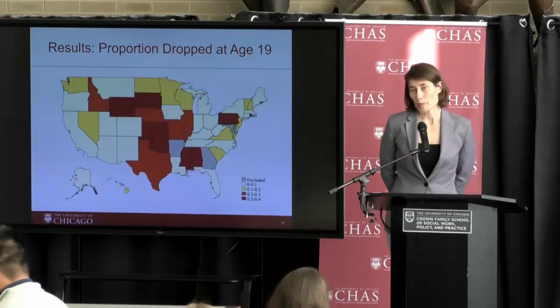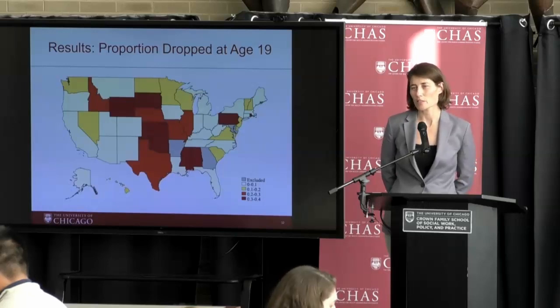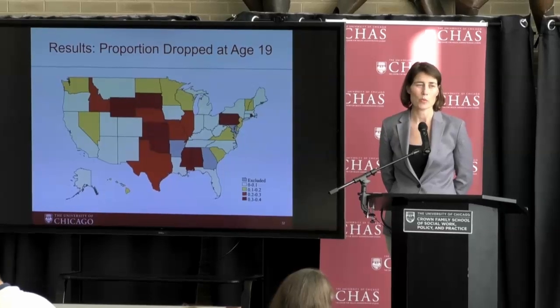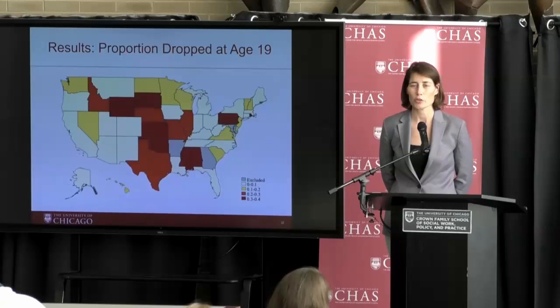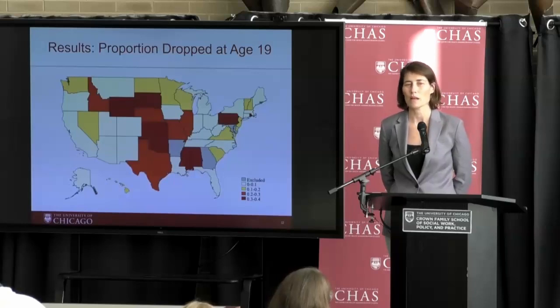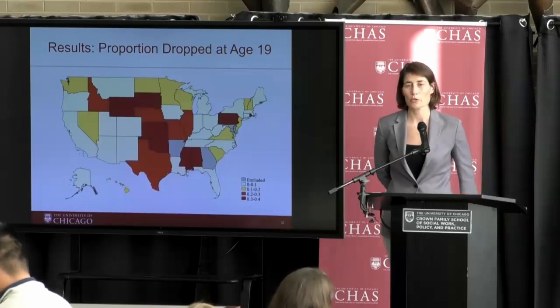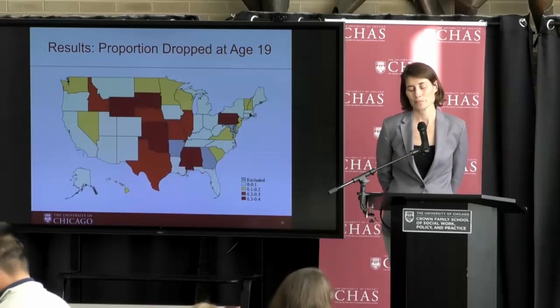Our purpose is to really describe this variation and the extent of the variation, and then hopefully that will lead to future work that can point to various policies that may or may not lead to disenrollment or continued enrollment through this young adult period.